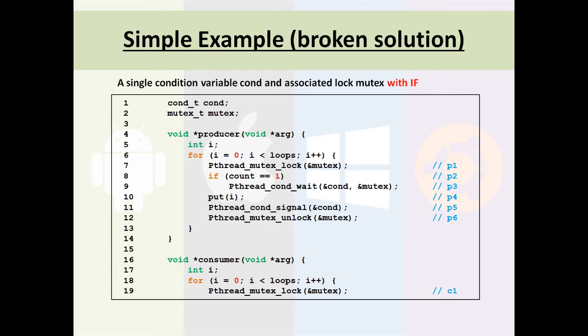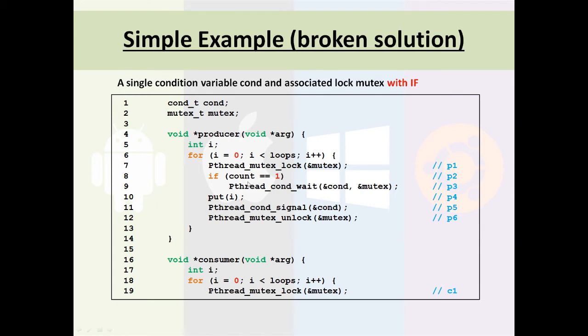Now, this is a broken example. It is a solution, but it's slightly broken because there are issues with it that I'll demonstrate. We first try to use a single condition variable and an associated lock with an if statement.